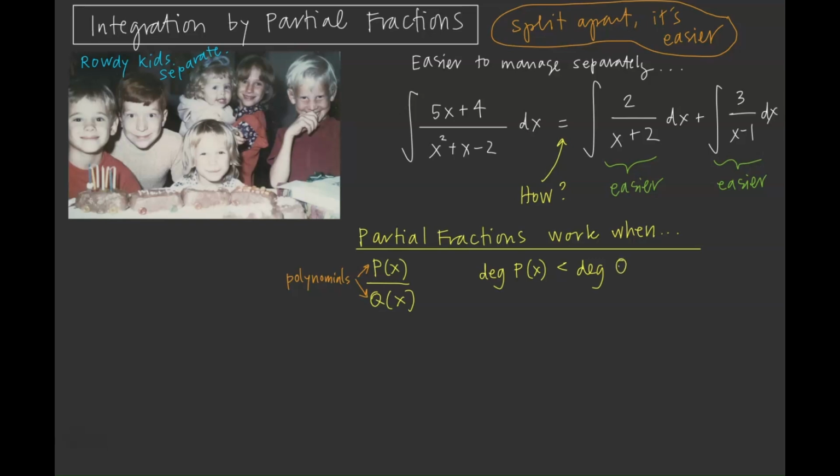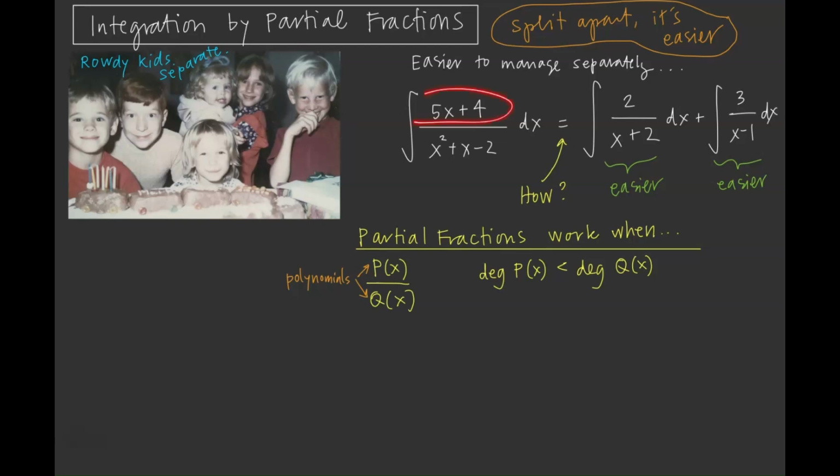And if it's not, there's ways to make it so that you find a polynomial of smaller degree in the numerator than the denominator. So if both of these conditions are met, where you have a polynomial over another polynomial and the degree of the top is less than the degree of the bottom, then you can do this method of partial fractions, where we take this and separate it into simpler fractions.